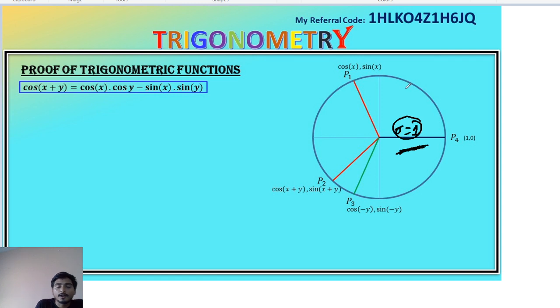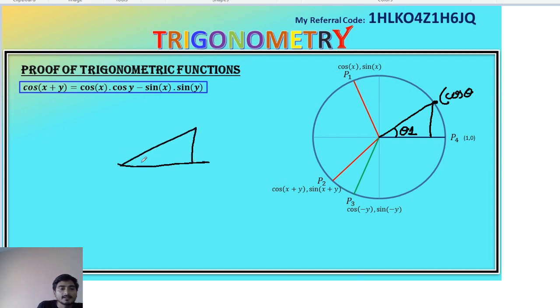Is it fine? Now, once we understand that the length of the radius is 1, if we take any point on this circle, and take this angle as theta, this point can be represented in terms of cos of theta. How? You have already understood that in a right angle triangle like this, this is your theta, this is 1, this is the base and this is the perpendicular.